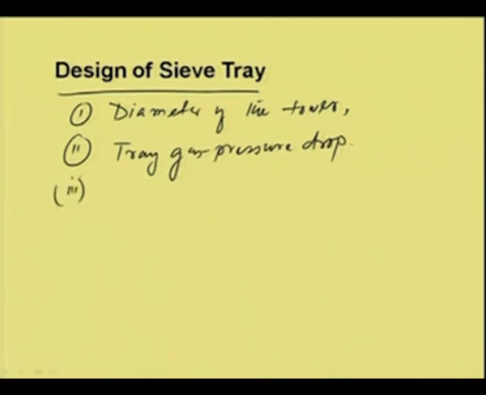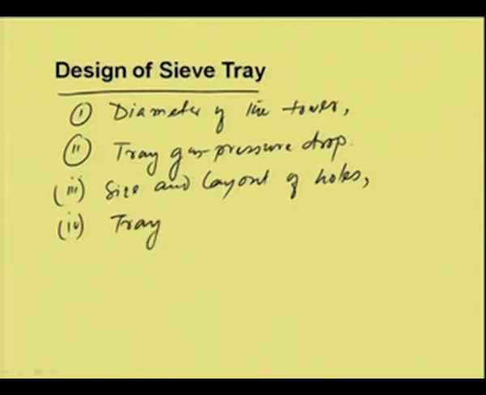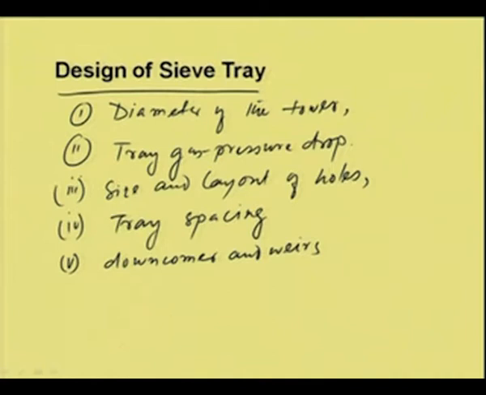Then size and layout of holes, tray spacing, downcomer and weirs, and tray efficiency.